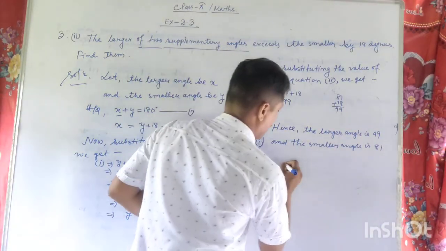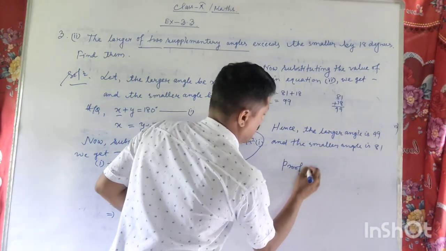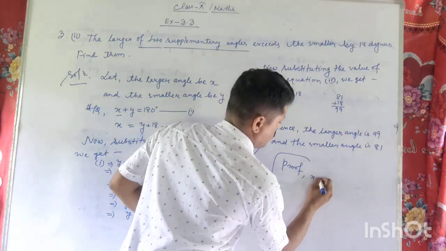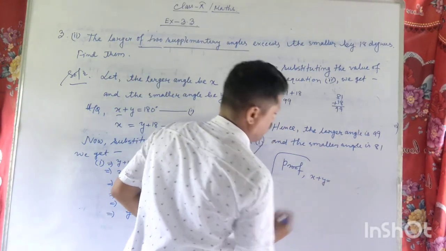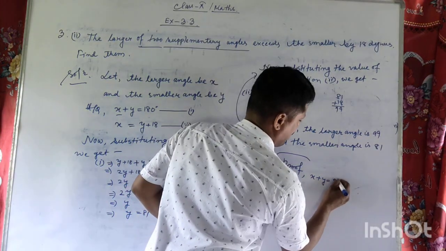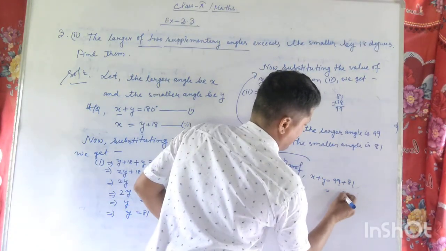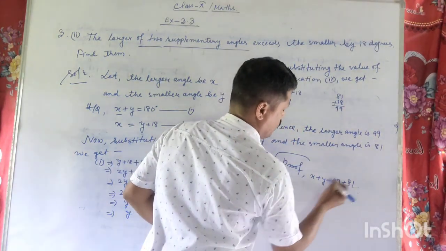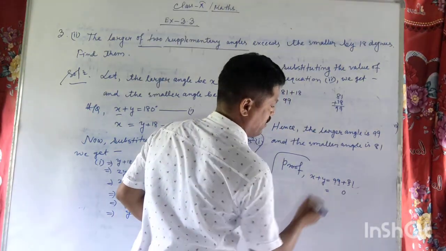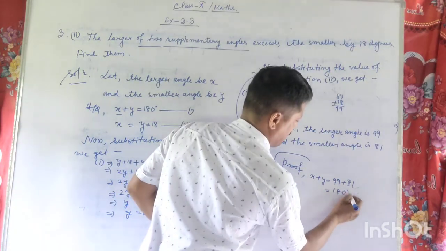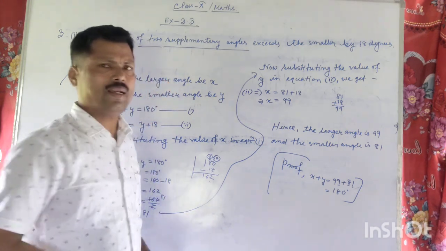Let us check. X plus y is equal to, x value is 99 plus y value is 81. That means 9 plus 1, 10, 1 in hand, and 8 plus 9, 17, and 1 more, 18. So 180 degree. Yes, our sum is correct.